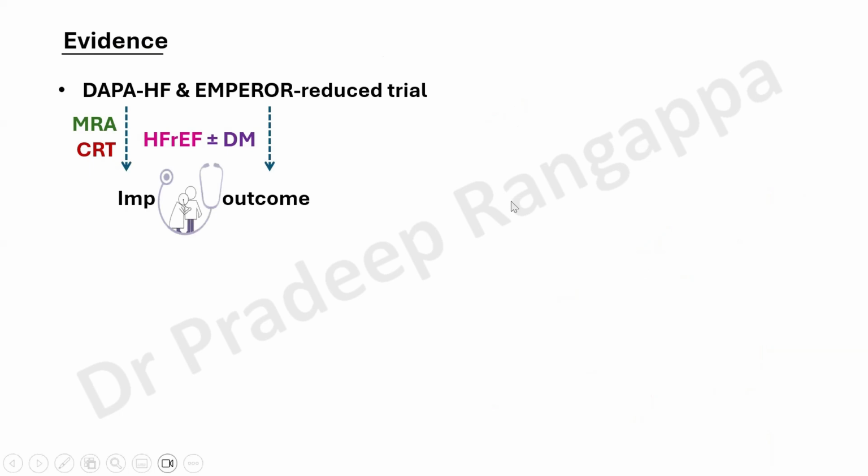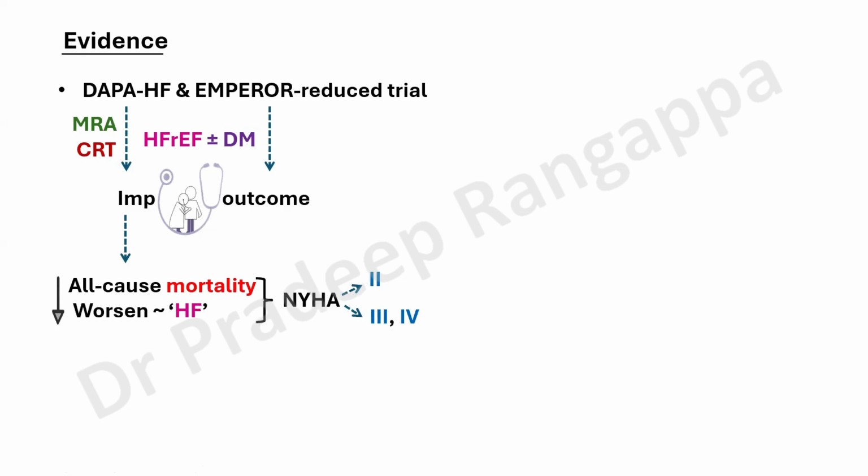Here they used the SGLT2 inhibitors in heart failure with reduced ejection fraction with or without diabetes, along with mineralocorticoid receptor antagonists and cardiac resynchronization therapy. Both these trials showed improvement in the clinical outcome, reduced all-cause mortality, and reduced worsening of heart failure across all NYHA classes 2, 3, and 4.